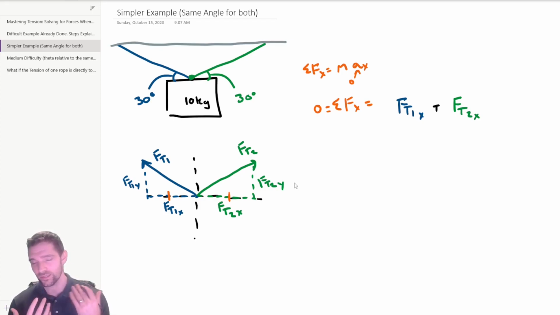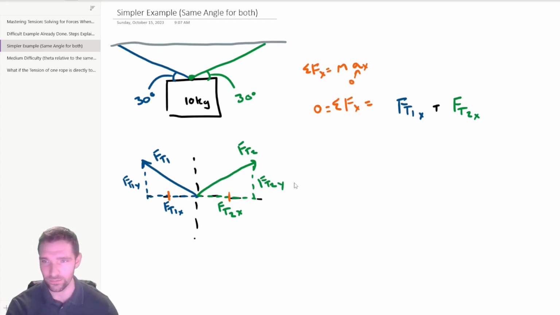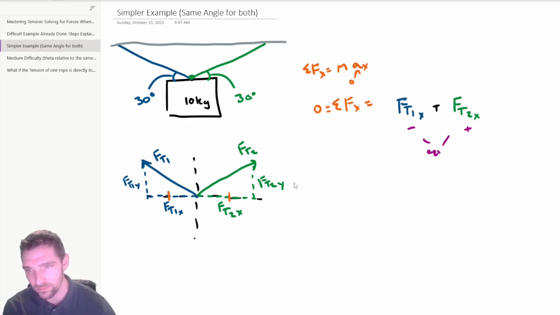And so in my brain, it makes more sense to use F here as opposed to T. And also period is represented by T, and torque looks like a T. So it just gets a little confusing if you're using T for tension like that. So we've got these two, and we know that one of them, the magnitude is negative, one of them is positive, but these are equal and opposite.